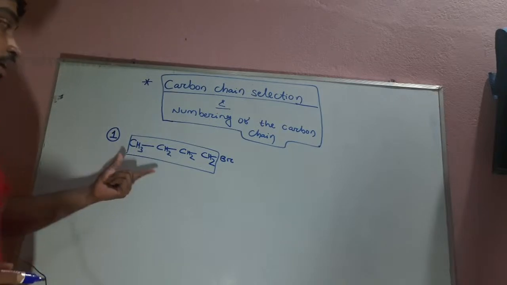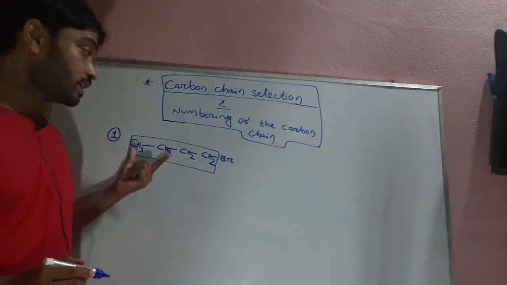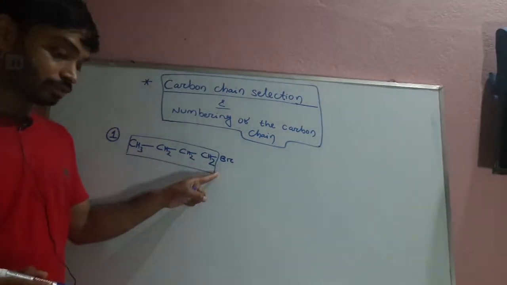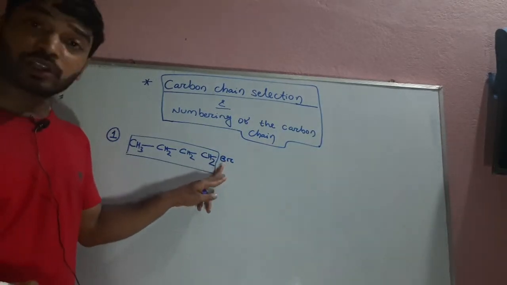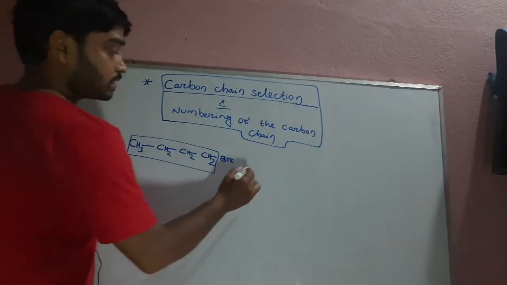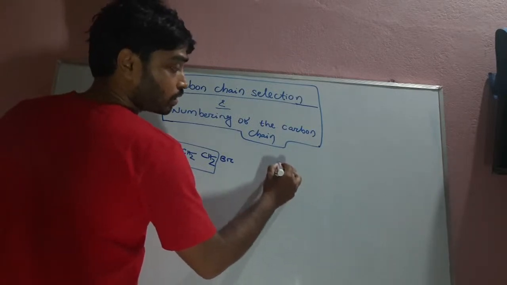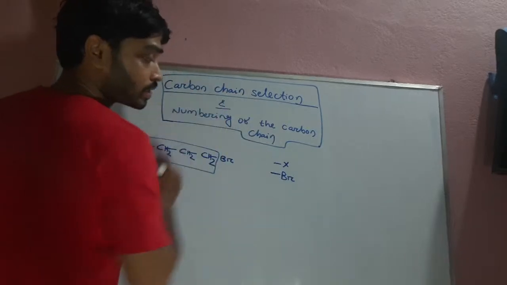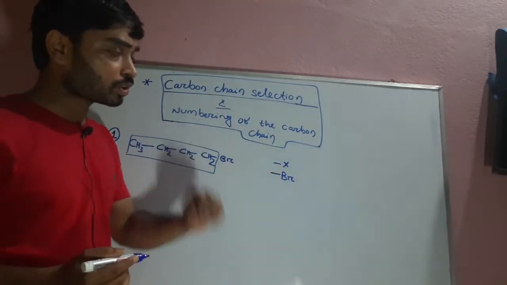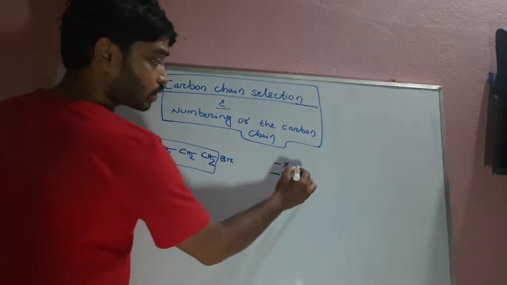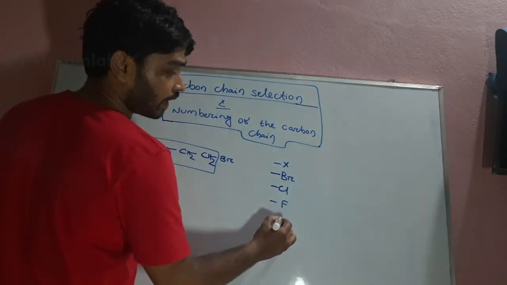That means it is a derivative of alkane in which a hydrogen atom is replaced by a halogen atom. Here the halogen atom is bromine. That means bromine is the functional group, which comes under the functional group halogen. Halogen includes bromine, chlorine, fluorine and iodine.